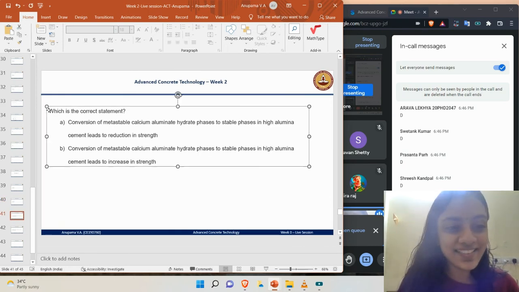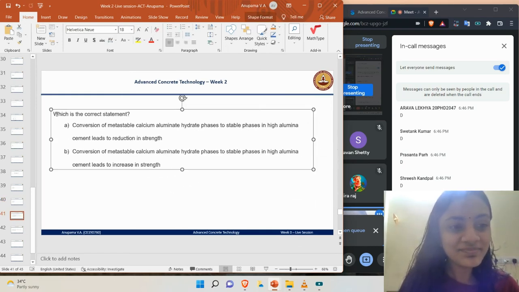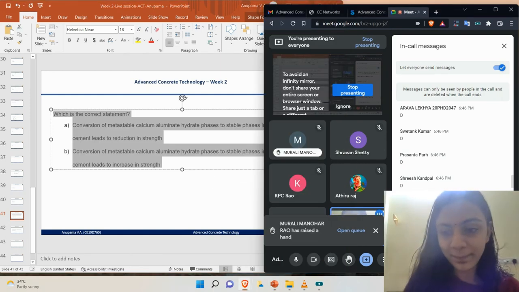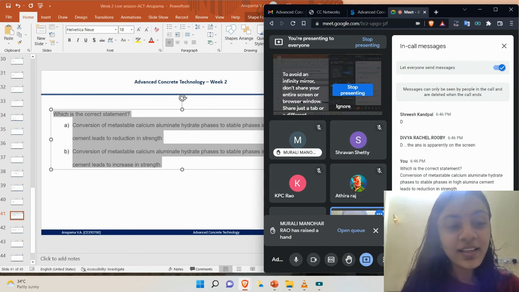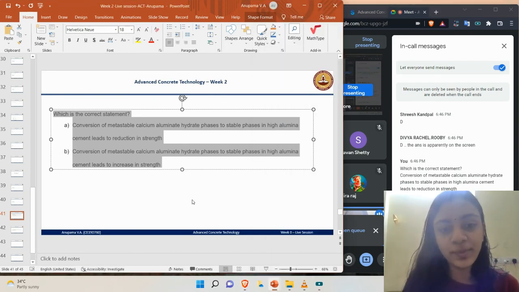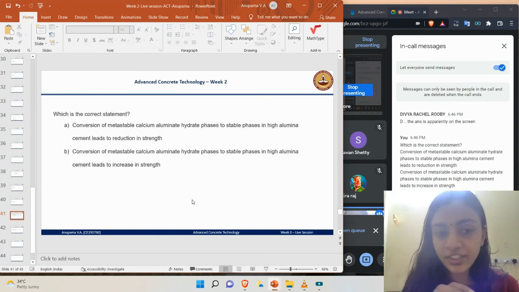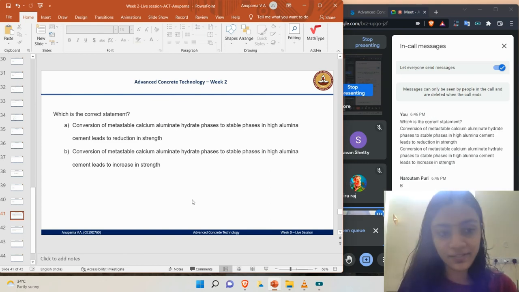Which is the correct statement? Let me put it in the chat box. First statement: conversion of metastable calcium aluminate hydrate phases to the stable phases in high alumina cement leads to reduction in the strength. Read it carefully.